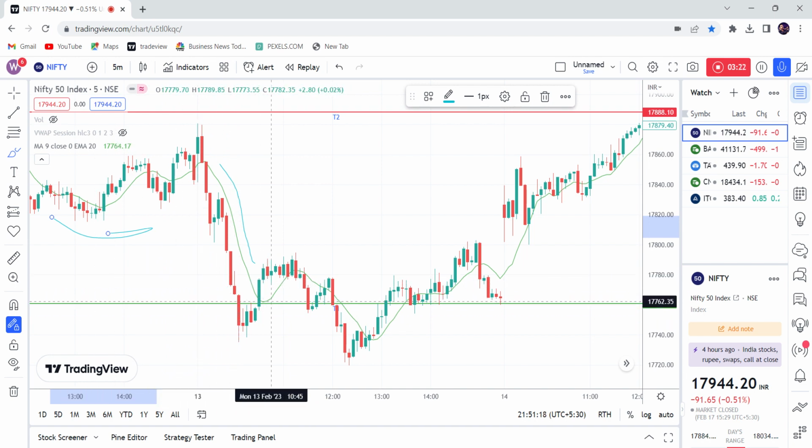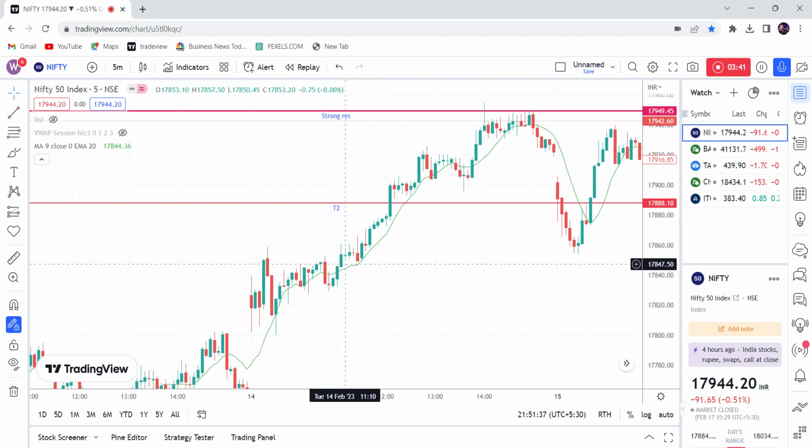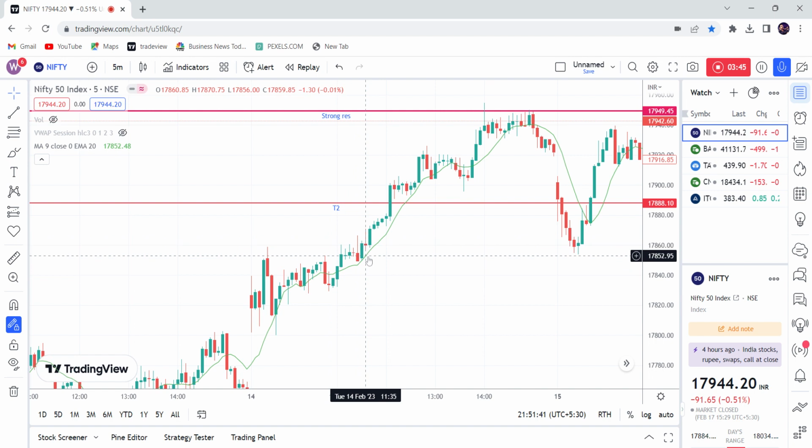Once the market turns, see, the moving average has turned into a curve like this. Wait for a clear view, and don't trade until then. See here, it is fully sideways with buying and selling, so don't trade. Then the next day the market started sloping again like this, so wait for the clear view.